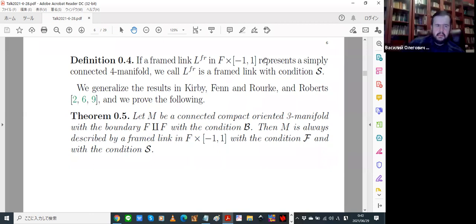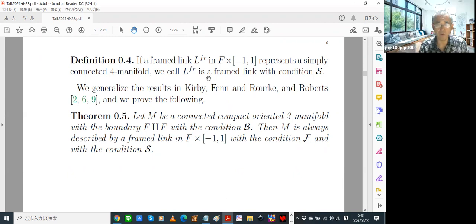Excuse me. By a framed link, you mean that we have just a band? Yes. So we don't write any numbers, but we should draw a two-dimensional thing inside, right? Wait, please wait.